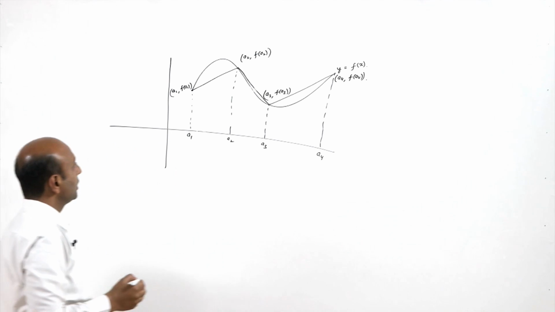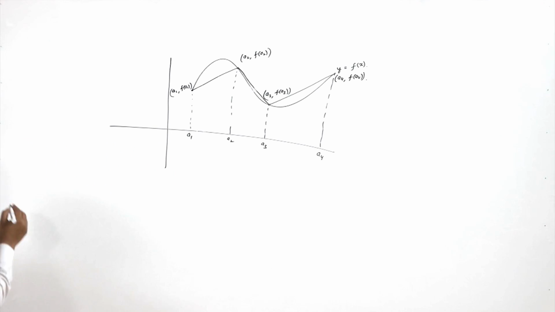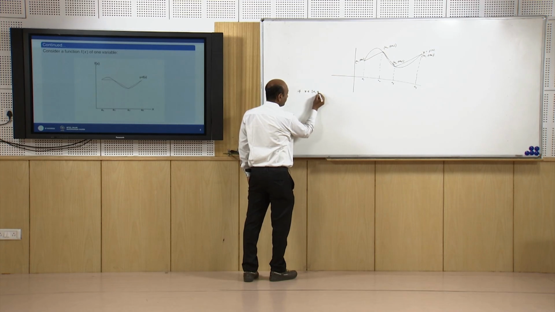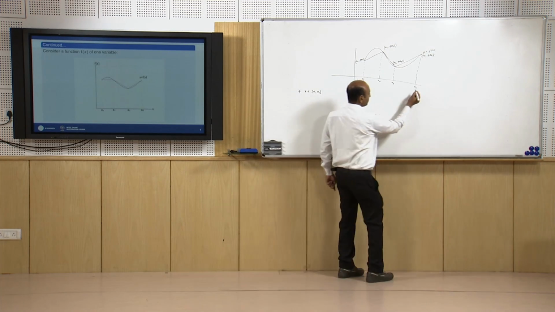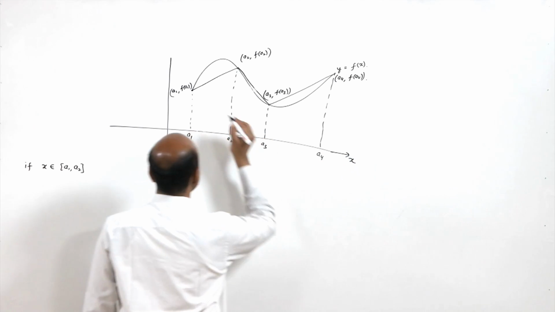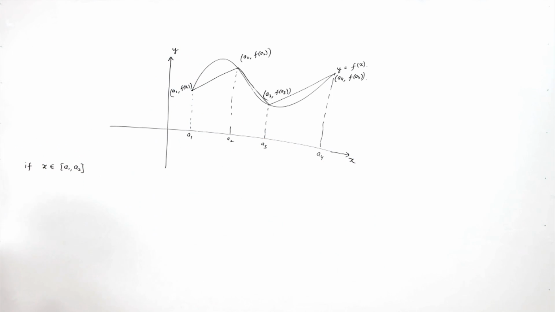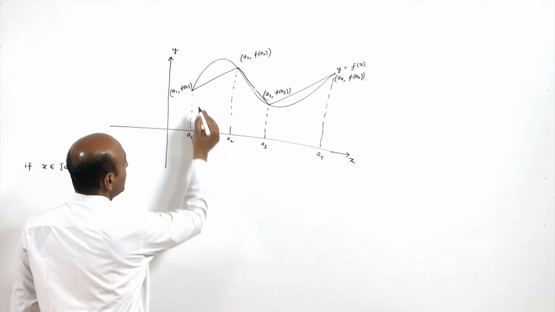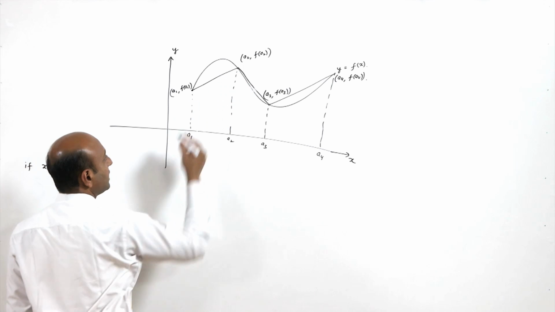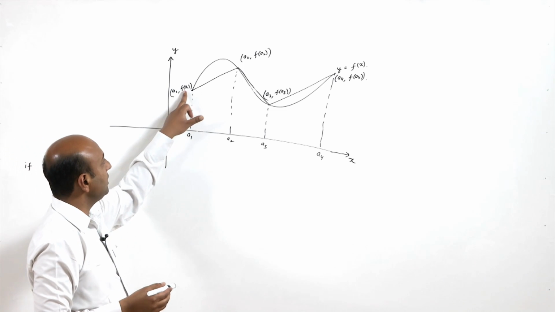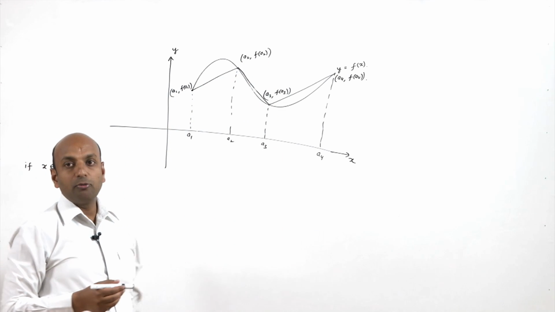Okay. Now, if x belongs to the interval A1 to A2, this is x, and this is fx or y. So, how to find y in this interval? This is the equation of a straight line passing through 2 points, A1, f(A1) and A2, f(A2). So, what will be the value of the function?